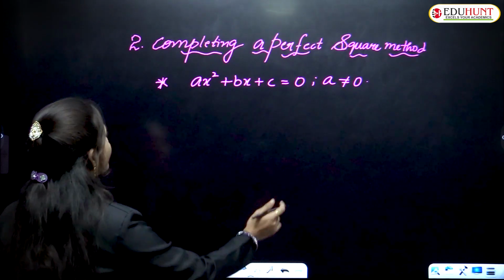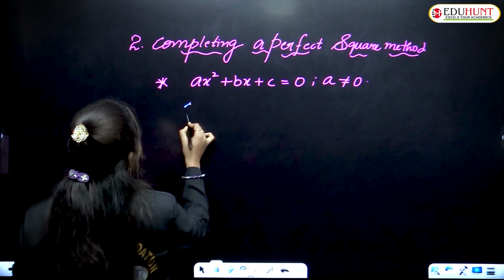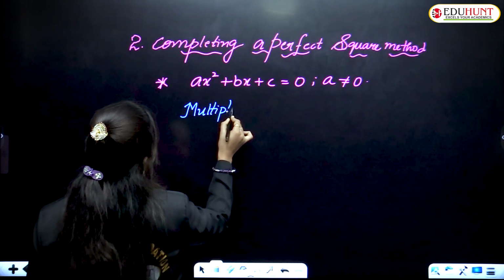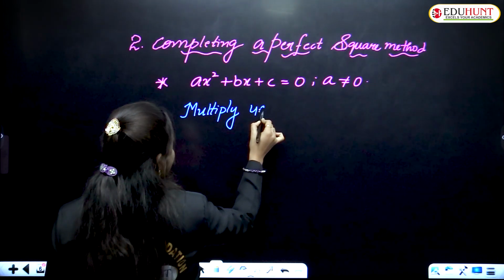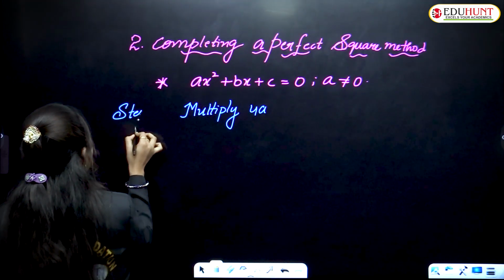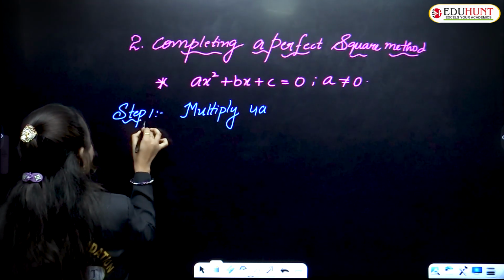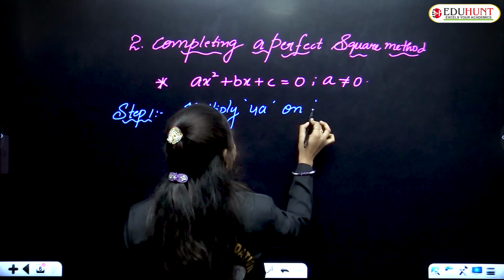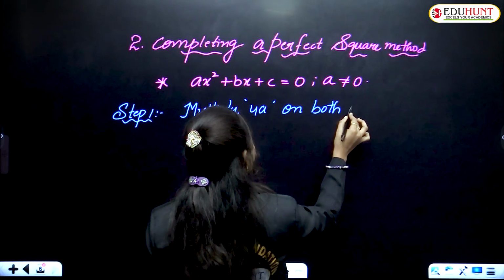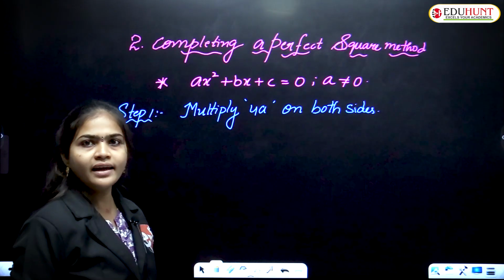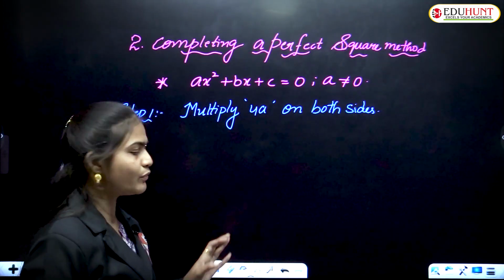So see that. Here are the steps we have to follow. Step 1: multiply 4a on both sides of the given equation.